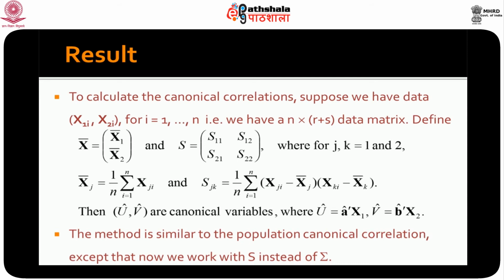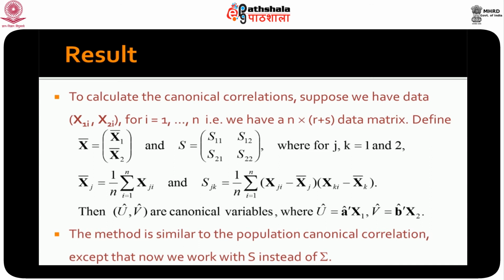So we have what looks like an n by r plus s dimensional data matrix. And from this data matrix we can calculate x bar, which would be x1 bar of dimension r and x2 bar of dimension s, so that x bar has a dimension of r plus s.